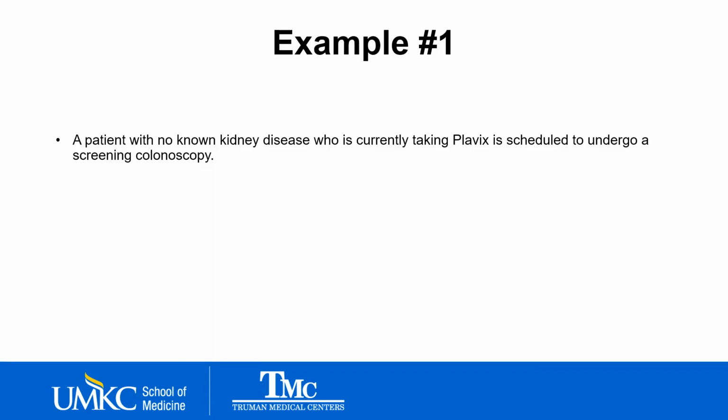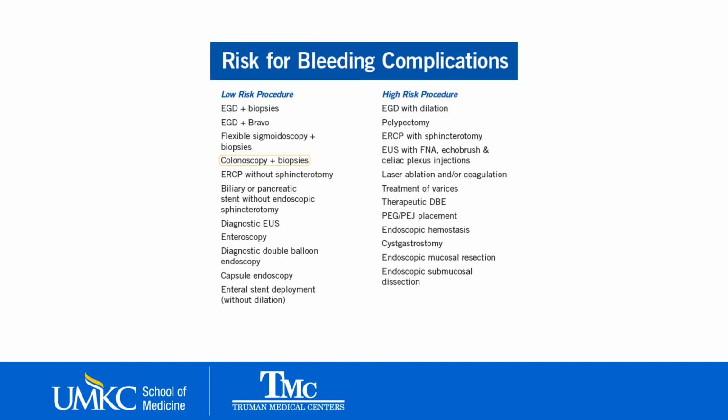Example 1. A patient with no known kidney disease who is currently taking Plavix is scheduled to undergo a screening colonoscopy. First, we consult our Risk for Bleeding Complications section and find colonoscopy plus biopsies under the Low Risk Procedure list.